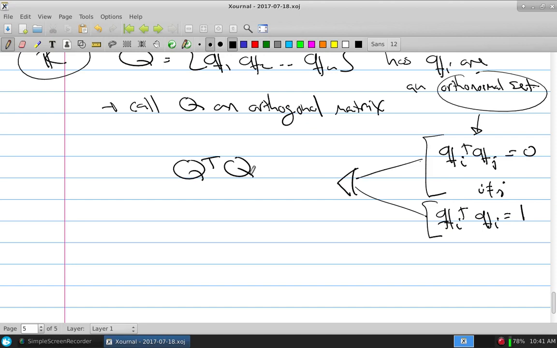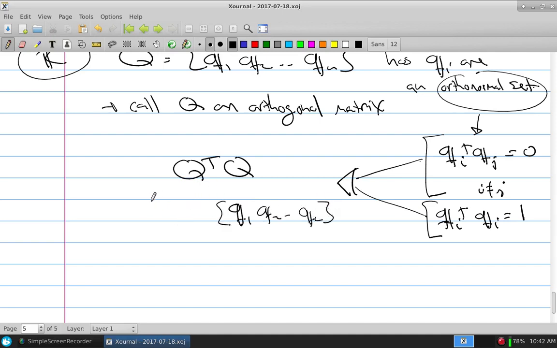Why would it be the identity? So Q itself is Q1, Q2 up to Qn, right? Or if I wrote it as rows, I could do it that way, right? We normally go row down column. So this would be going across it. Let's do it that way. So Q1, Q2, Qn.